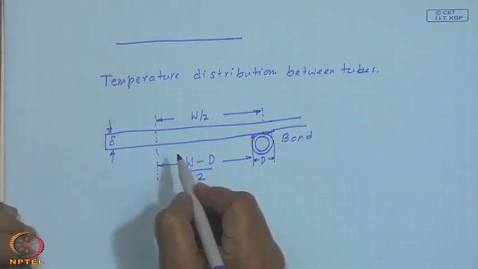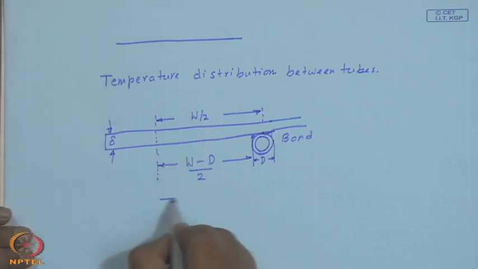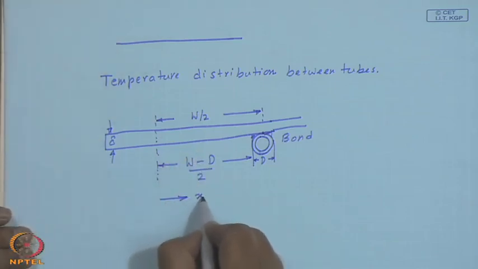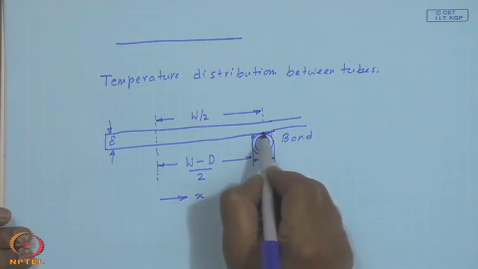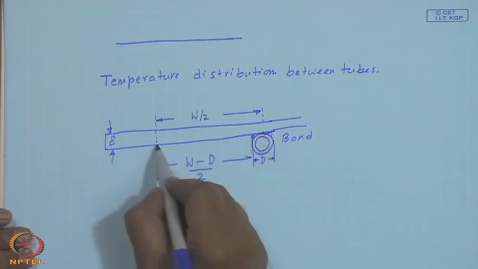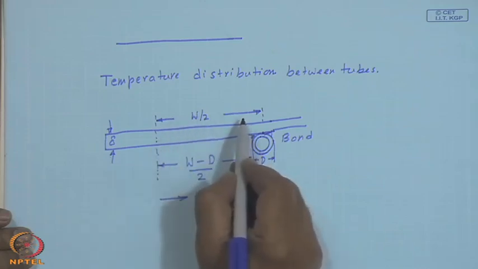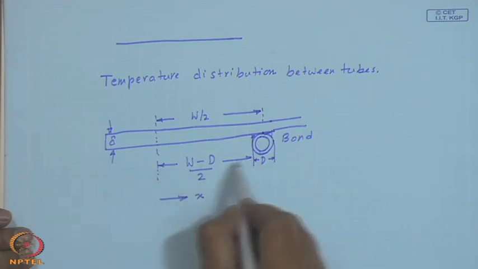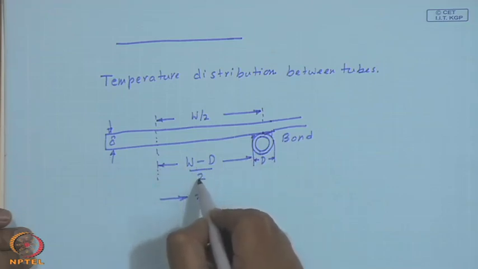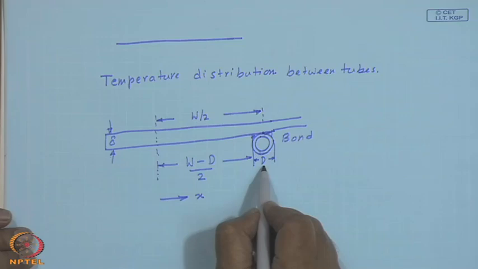So, let us see, this is my x. The center of the tube to the symmetric plane is W by 2. The distance between the symmetric plane and the beginning of the tube is hence W minus D by 2, if capital D is the tube diameter.